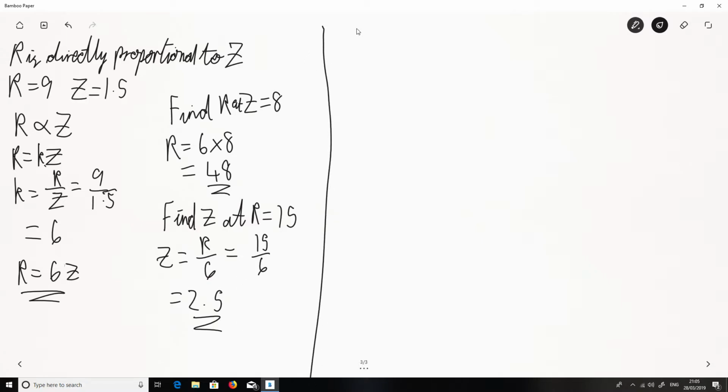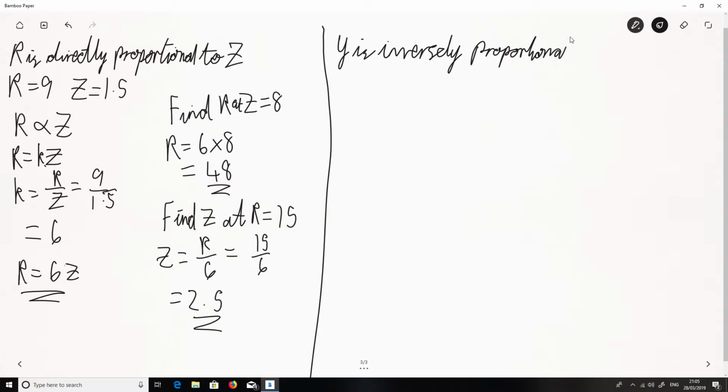So the final question I'm going to go through tells us y is inversely proportional to x squared at the points y equals 2 and x equals 3.